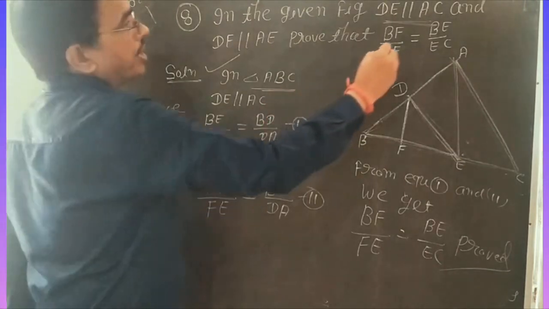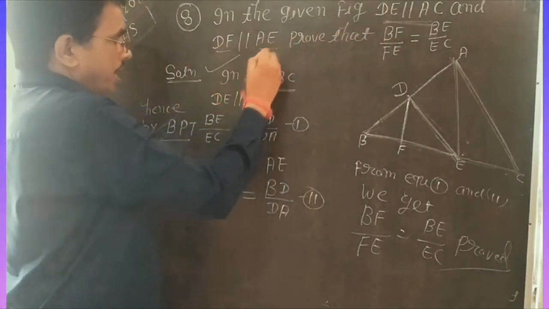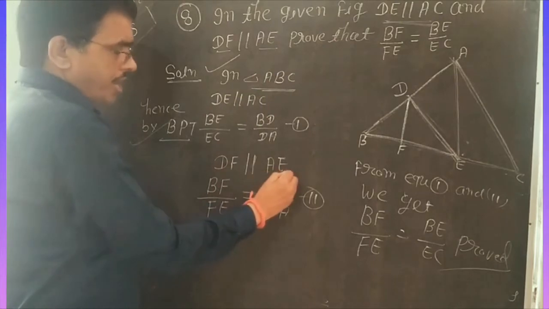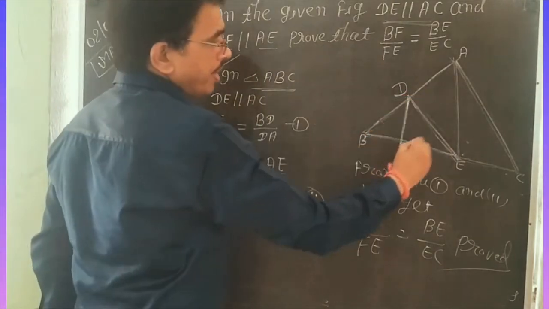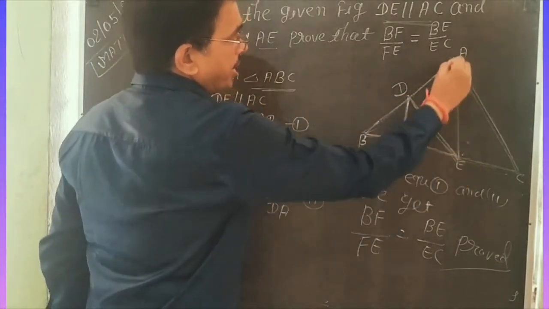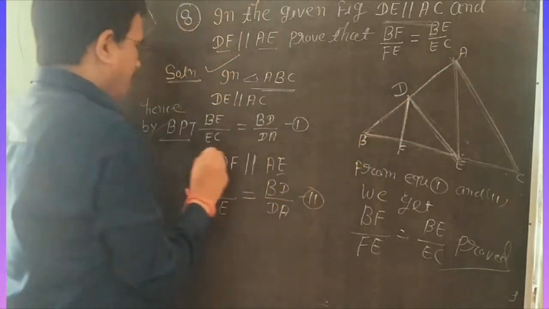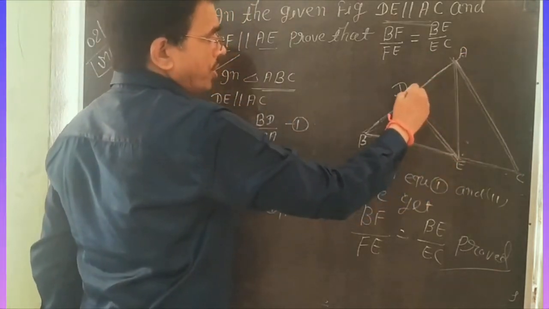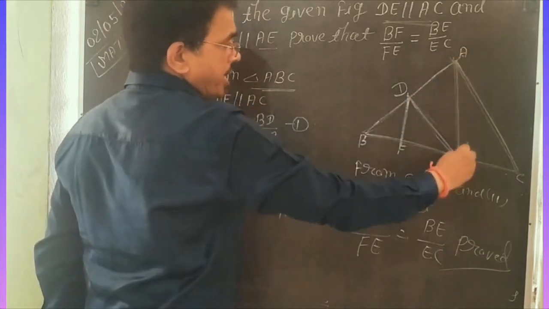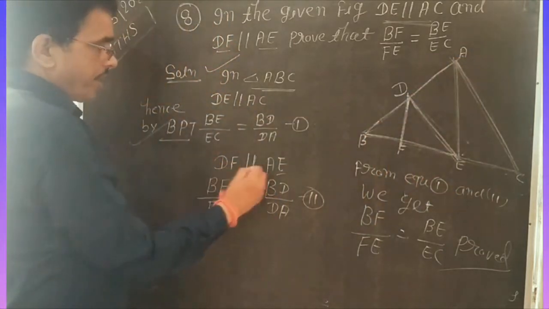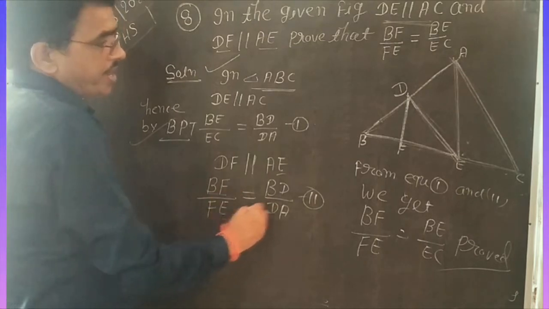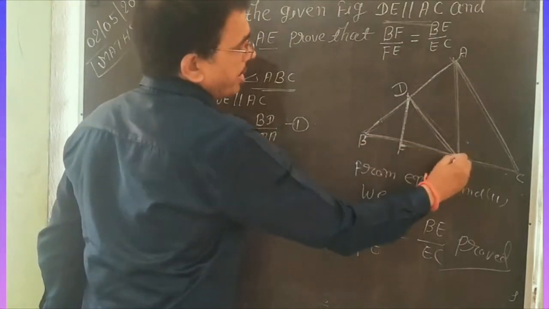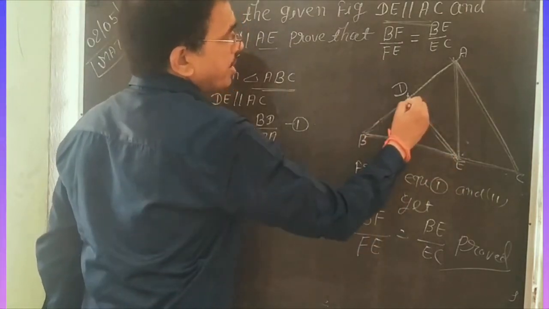Second, that is DF parallel AE. Here is DF parallel AE, in this figure, only in this triangle BAE. So DF parallel AE, so you write BF by FE is equal to BD by DA.